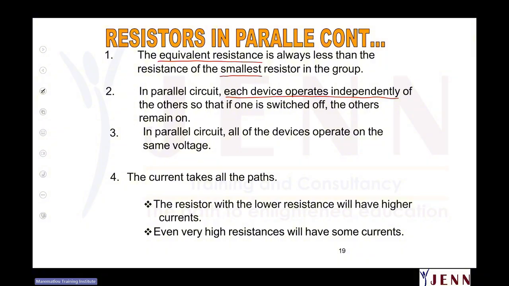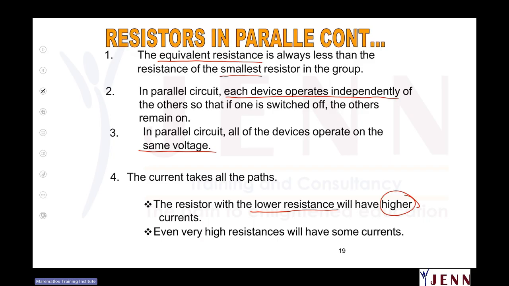And all of them, like we have already highlighted, will have the same potential difference, and current will flow in different paths. Now, one thing to remember: the resistor with the lowest resistance will have the highest current. The resistor in a parallel connection with the lowest resistance will have the highest current.